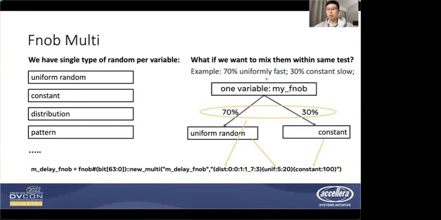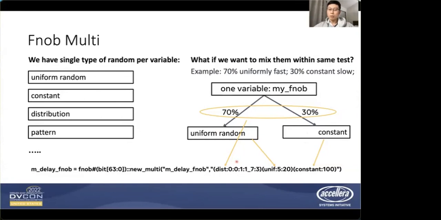Basically, here we have uniform fast and constantly slow, so we have two candidates. And the distribution we selected them by follows this distribution here. So this is the first control Fnob. The following Fnobs are all candidate Fnobs, which are the candidates of each random variable we expect.